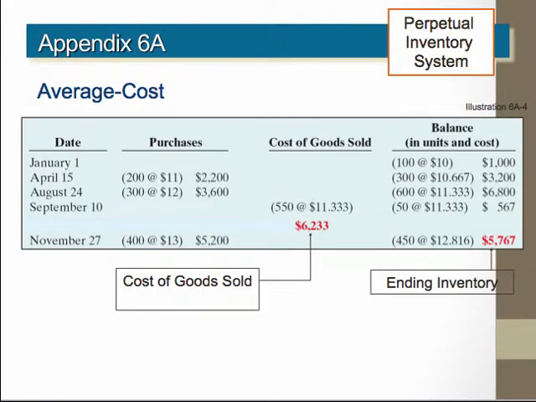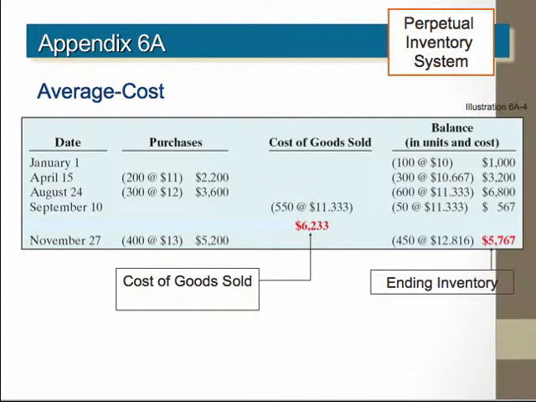In the average costing, we have to recalculate the average cost after every transaction. So after January, when we have the 100 items at $10, we have $1,000 in inventory. After April 15th, we have 300 items in inventory at a cost of $3,200, but the average cost is $10.67.